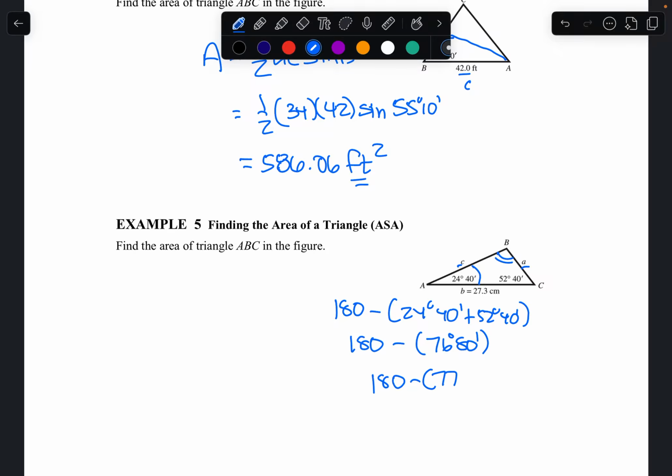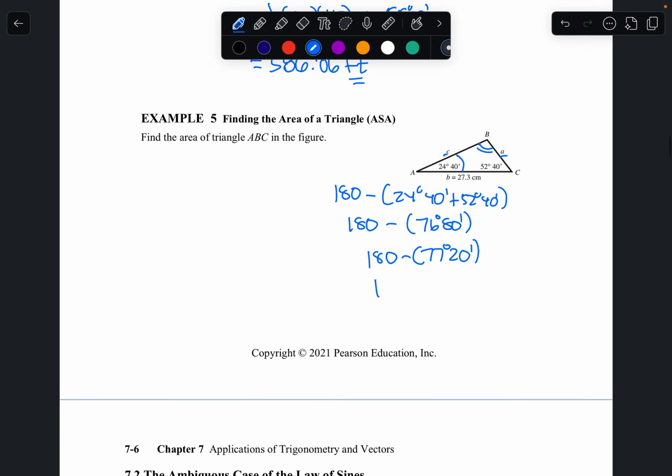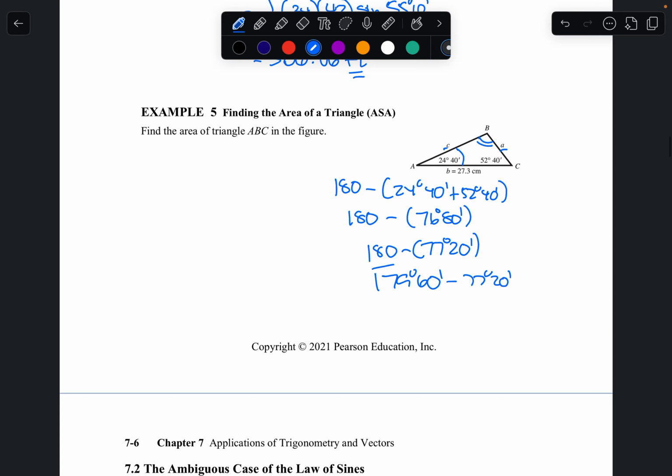That's 77 degrees, 20 minutes. Going way back, this is actually a good review for our final exam coming up in a couple of weeks. 180 degrees is 179 degrees, 60 minutes. So 60 minus 20 is 40 minutes, 102 degrees.